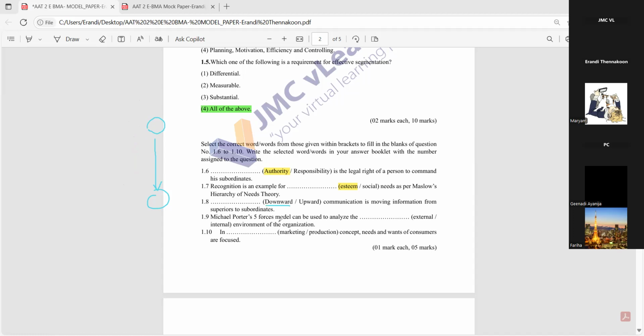Michael Porter's five forces model can be used to analyze the external or internal environment of the organization. So what is Michael Porter's five forces model? Can anyone remember?